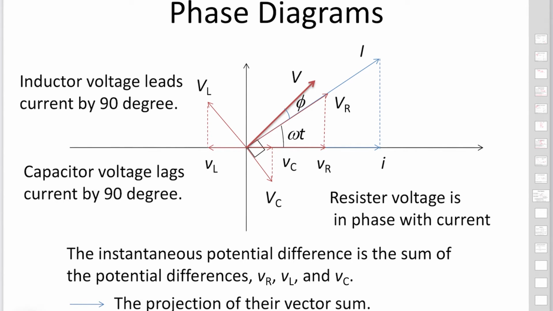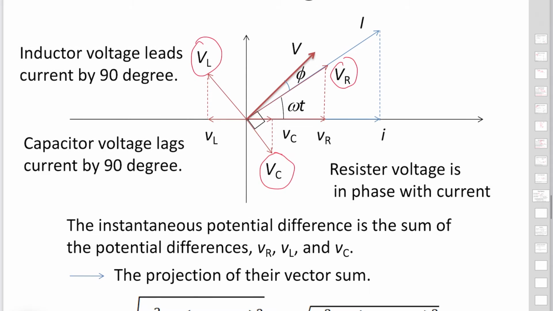As I explained, 3 components, 3 arrows due to the inductor, capacitor, and the resistor are drawn in the same phasor diagram. The inductor voltage leads the current by 90 degrees. The capacitor voltage lags the current by 90 degrees. This is the capacitor. And the resistor voltage is in phase with the current. This is the resistor voltage.